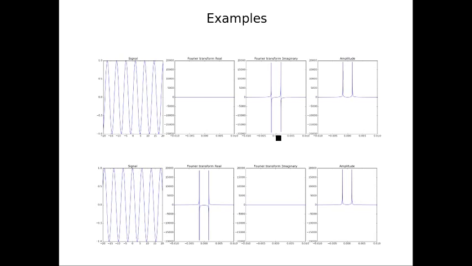And then notice also that it's symmetrical around 0 here in frequency, so this axis is frequency, and that's because the FFT gives us kind of two sides, a negative and a positive, and really we're just interested in the positive part.